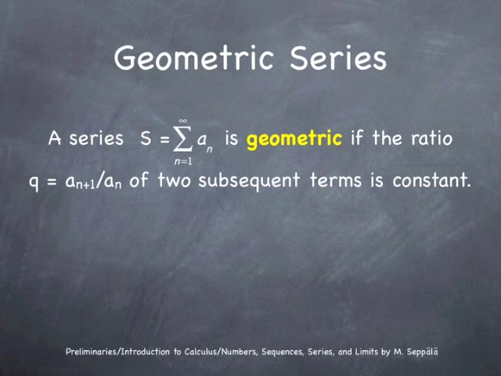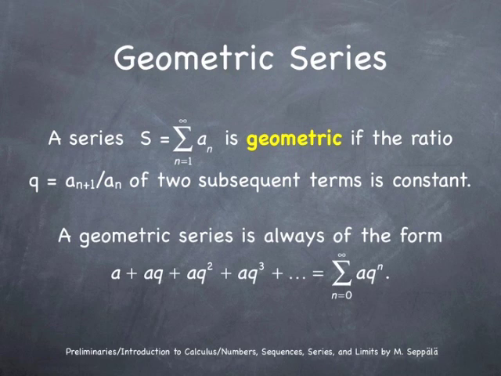Geometric series are particularly important. We say that a series capital S, the summation over n from 1 to infinity of an, is geometric if the ratio of two subsequent terms is always constant. That is, the expression a n plus 1 divided by a n does not depend on n, and we call this constant q.